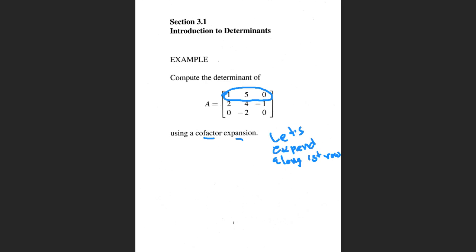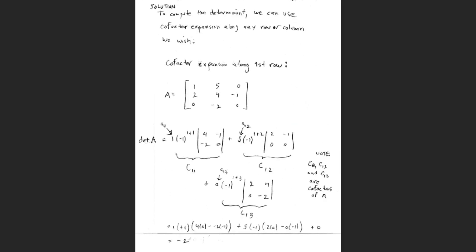And let me show you how this works. Okay, so cofactor expansion along the first row. Let me give you a chance to copy down to here, and then I'll go into a little detail.